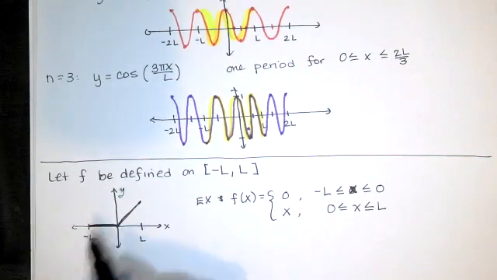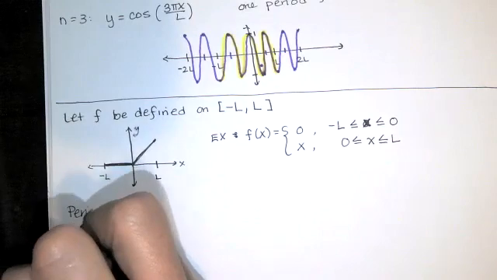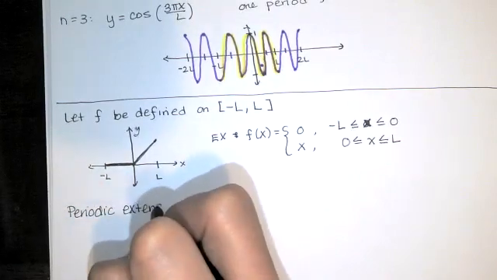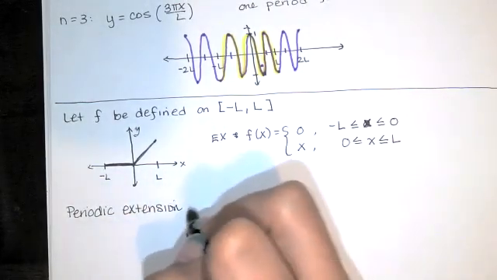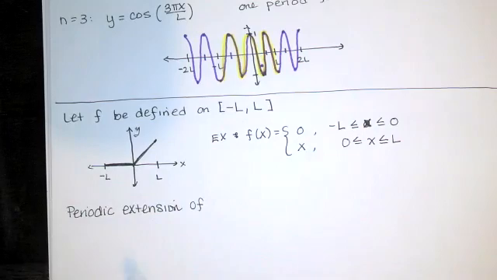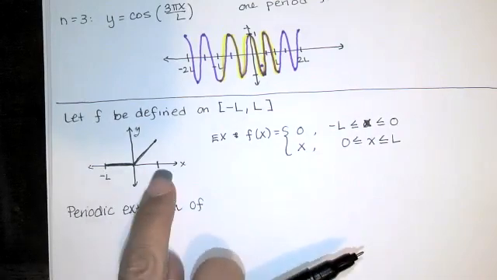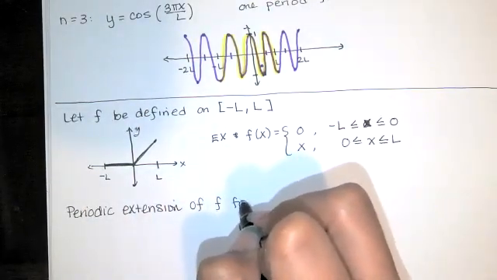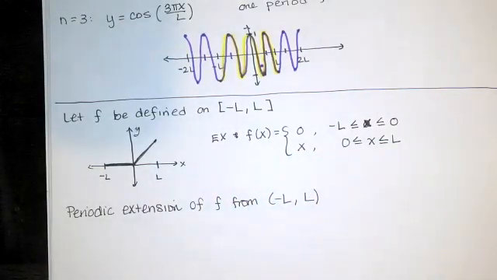Then if I want to construct the periodic extension of this, I take not the entire thing, but I want to take f on the interval from negative L to L, not including negative L. That way I'm guaranteed to have a function.